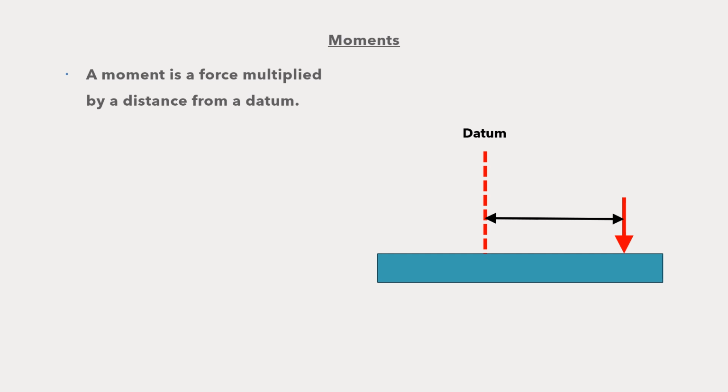A moment is to rotational movement kind of what a force is to linear movement. It's the tendency of something to want to rotate. And you can apply the same tendency to rotate to something by putting a small force at a large distance or by putting a large force at a small distance. The effect will be the same on the tendency of it to rotate.